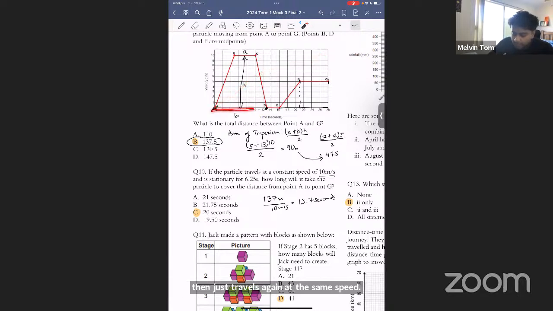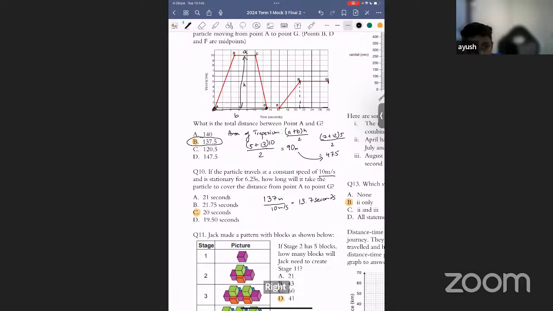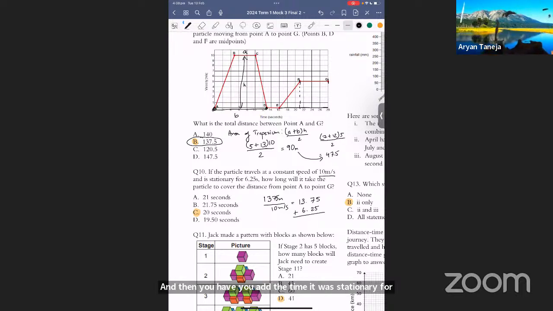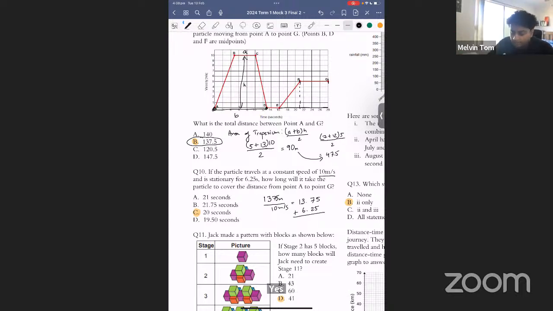Or it stayed for 6 seconds and then traveled at this speed. Or it traveled at this speed, then stayed, and then just got there. Let me write it cleanly: 13.75. And then you add the time it was stationary for, which is 6.25. And what do you get there? 20 seconds.